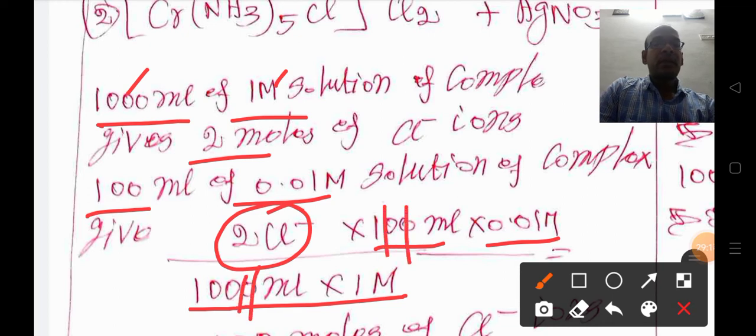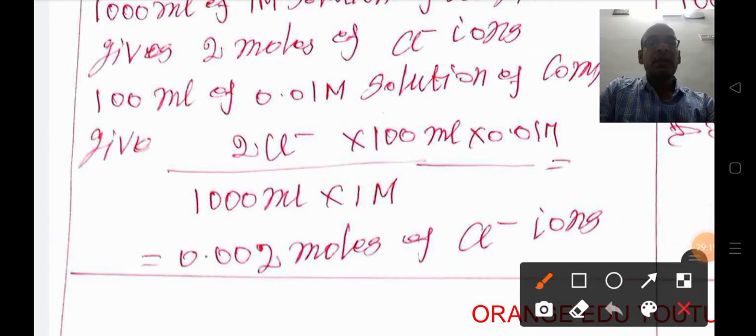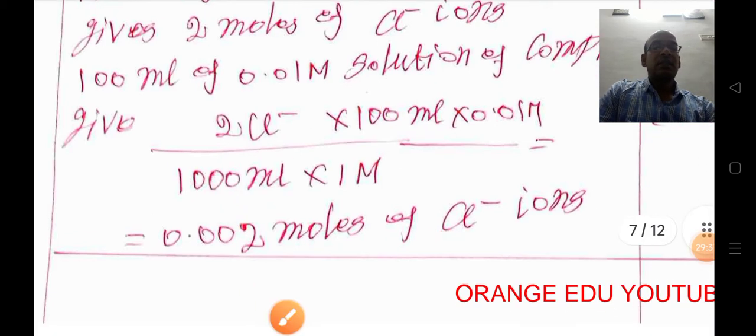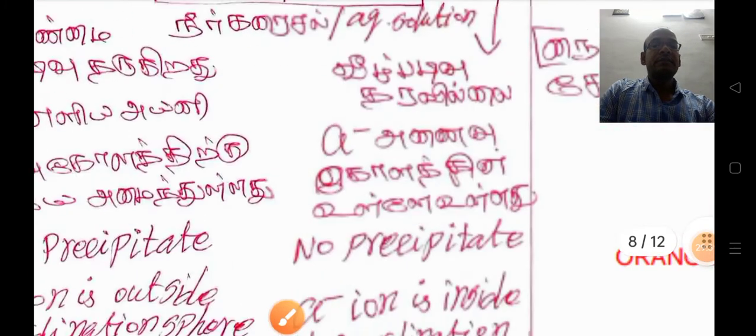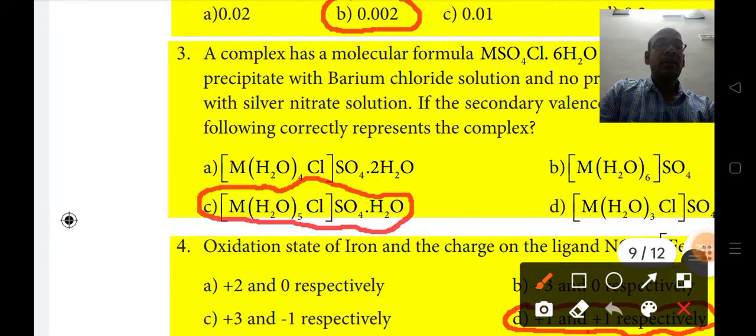We can cancel the zeros and multiply. You get 0.02 divided by 10, 0.002 moles of Cl ions. Therefore, the correct option for the second question is 0.002.